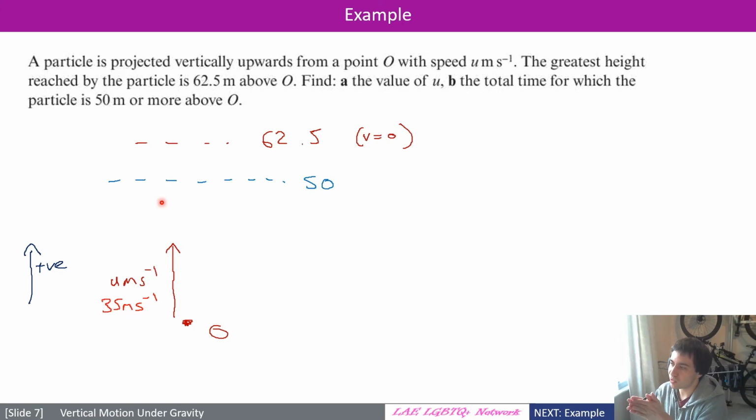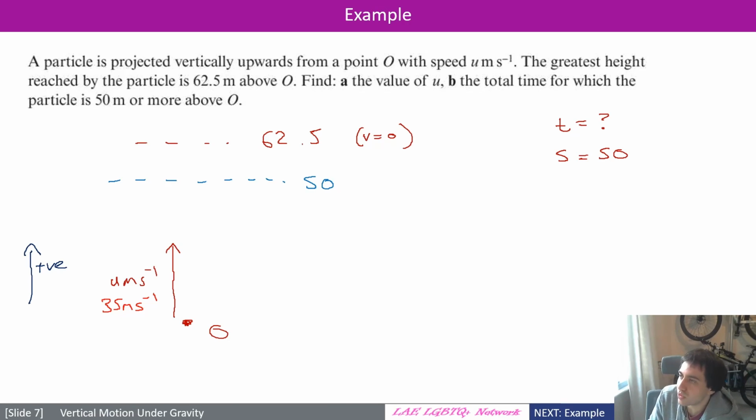Find the difference between those two t values, and you'll get the duration of how long it was above 50. SUVAT will do the work for us. We want to know what t is when s is 50. It's going to give us two answers, and we'll see why in a moment.